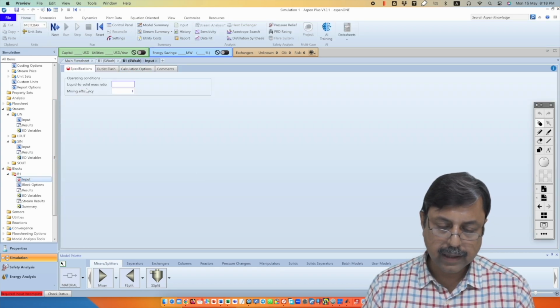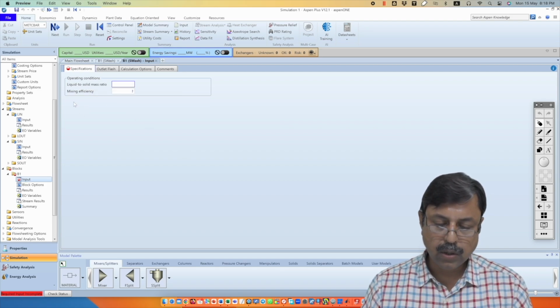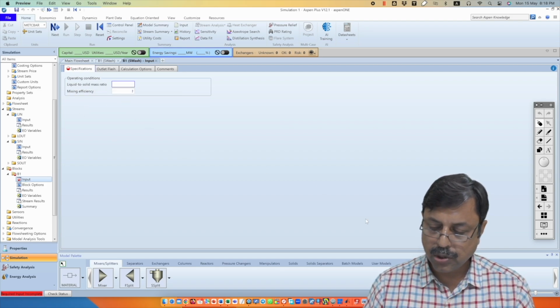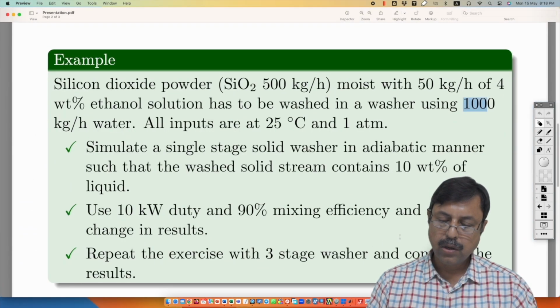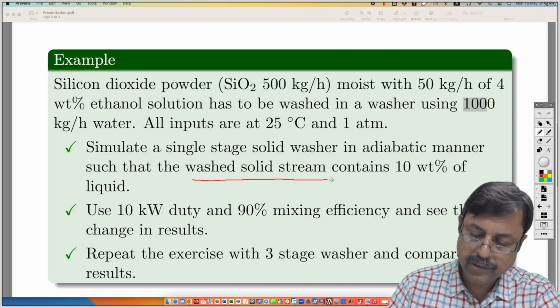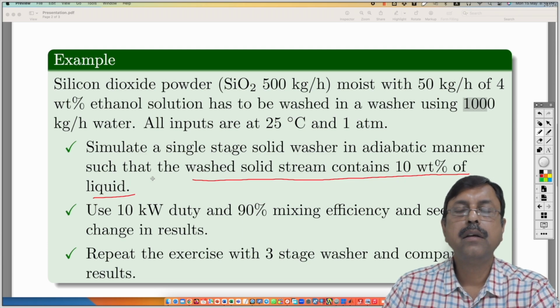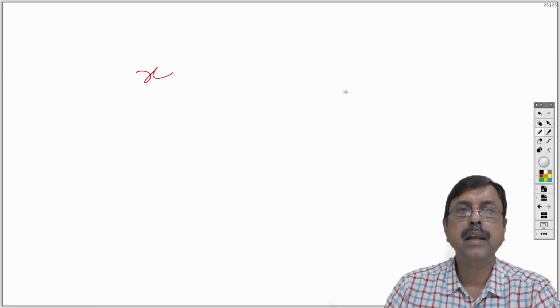Now let us put the liquid to solid mass ratio. This ratio we have to calculate, because what information do we have? We have the information that the washed solid stream contains 10 weight% of the liquid. Suppose we have X amount of liquid.